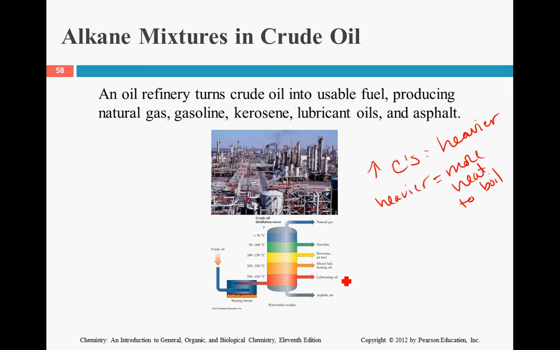For instance, down here, oils take a lot for those to boil, 350 to 450 degrees. Whereas if we're talking about natural gas like we use to heat our homes, it boils at a very low temperature, under 30 degrees. That's because this has fewer carbons, and this has many more carbons. So the more carbons, the heavier it is, the more it takes for it to boil. And that's how they separate these from the crude oil.